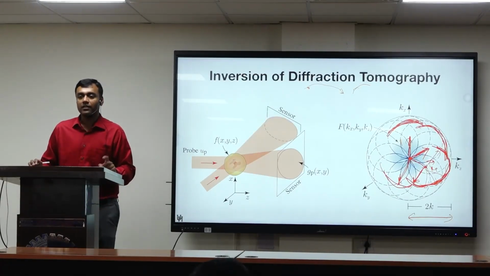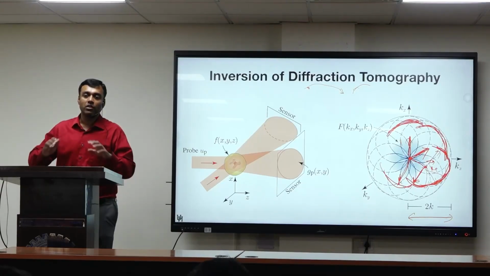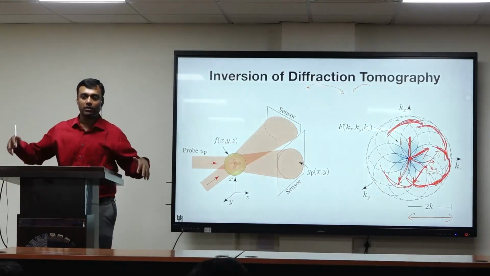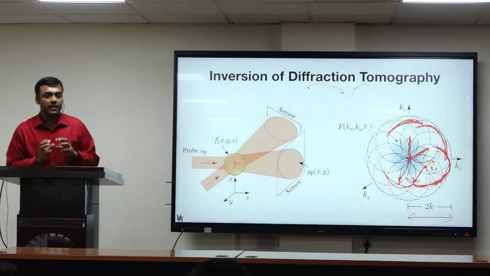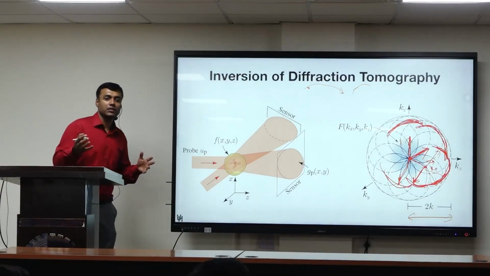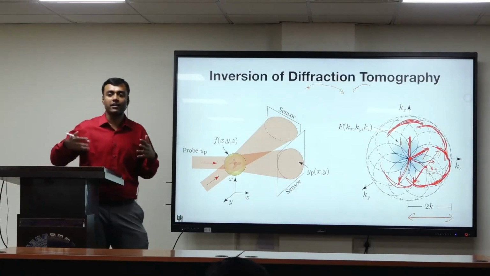Then again the same kind of issue will be there, because it's not uniformly distributed in the Fourier domain. It's much more intense in some places relative to others. Therefore, you have a filtering operation.